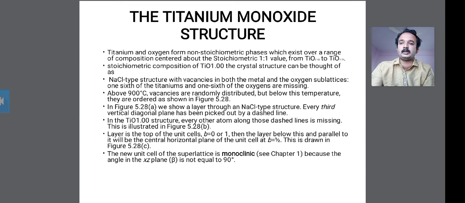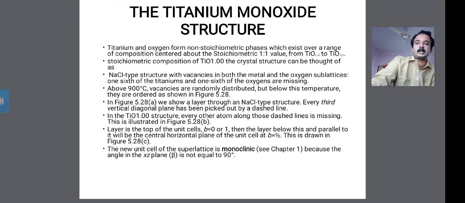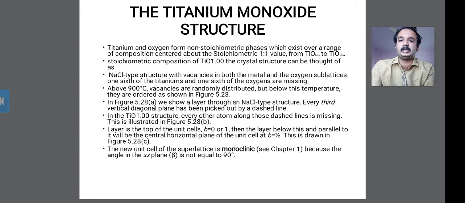The stoichiometric composition TiO 1.00 crystal structure can be thought of as an NaCl type of structure with vacancies in both the metal and oxygen sublattices.